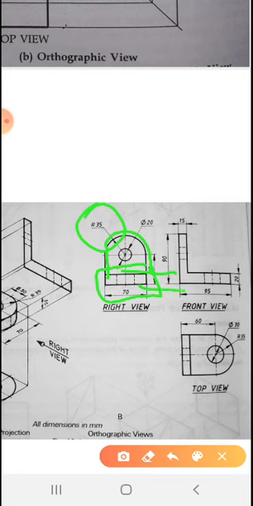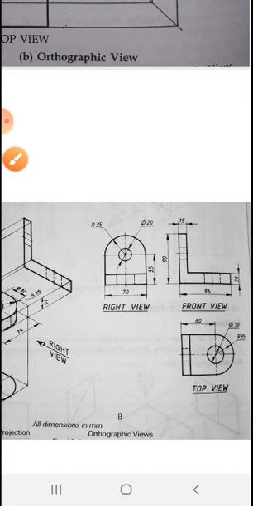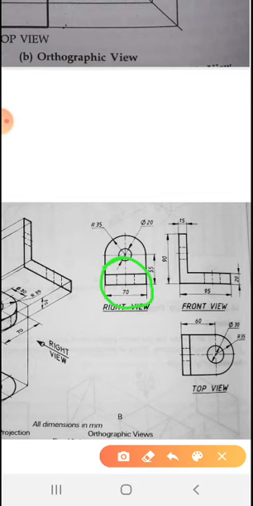So this is the distance of 20 mm, and the length is 70 mm. The diameter 30 mm hole is invisible, and hence shown by a dashed line.